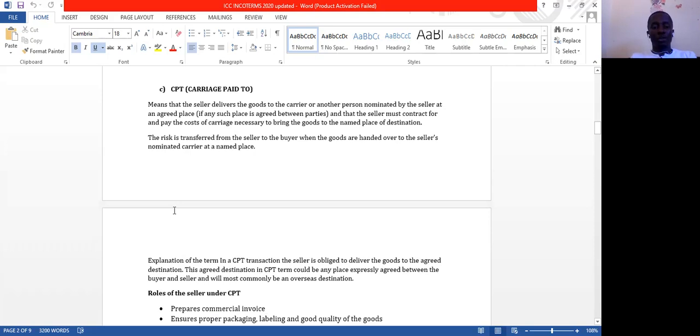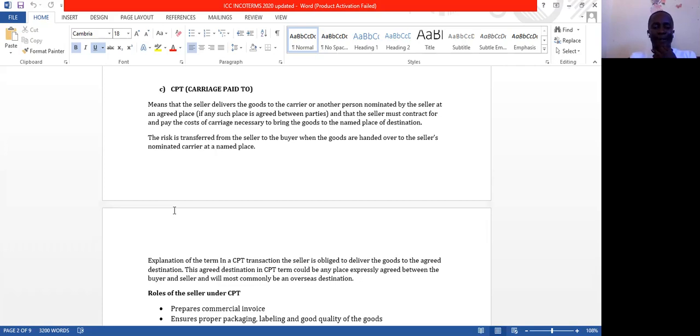Okay? CPT, carriage paid to, means that the seller delivers the goods to the carrier or another person nominated by the buyer at an agreed place, if any such place is agreed between the parties, and that the seller must contract for and pay the cost of the carriage necessary to bring the goods to the named place of destination.